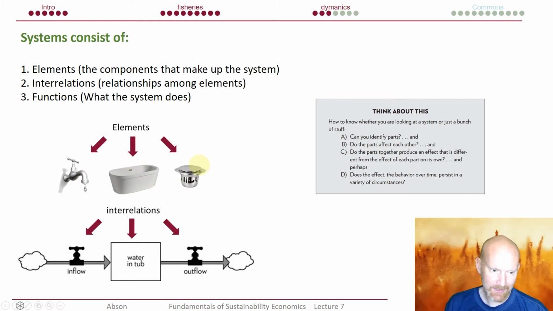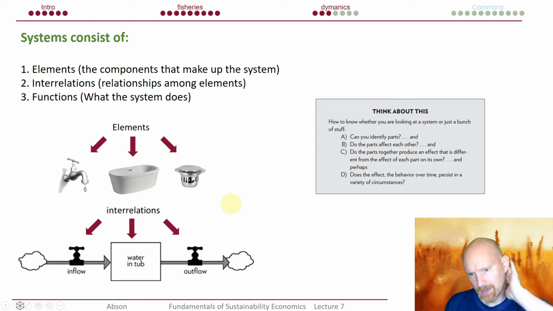Those are the three elements, and they're interconnected by water flows. And you can see a simple system schema for this. So you have an inflow via the tap, the water fills up, and the outflow from the drain. And you can manage the level of water in the bath by changing these two elements.